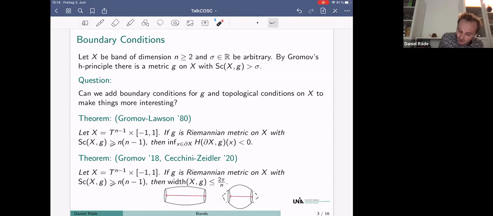And the second theorem is, you have a lower scalar curvature bound, then you have this upper bound on the distance between the two boundary components. And a general question that one can ask is, is there a relation between the two? Does one theorem depend on the other in any way?